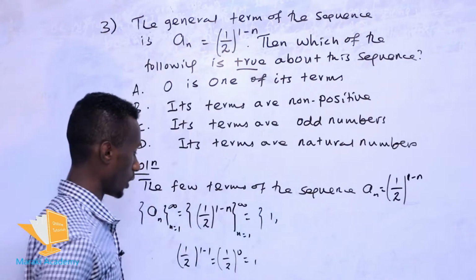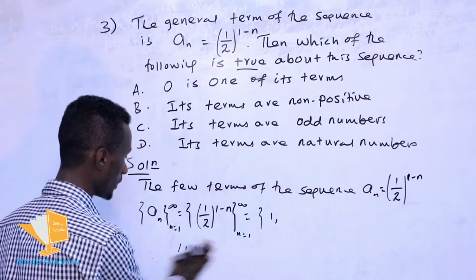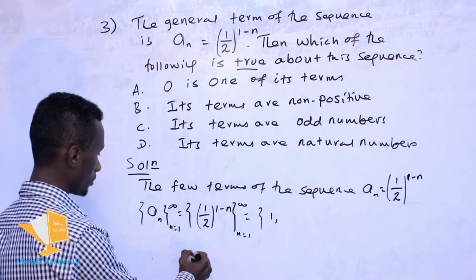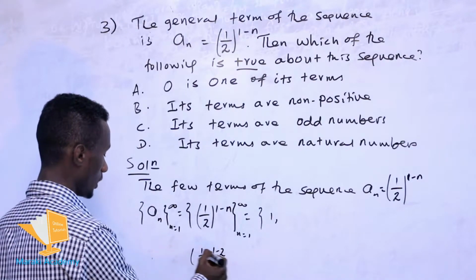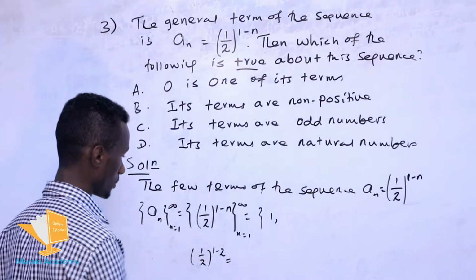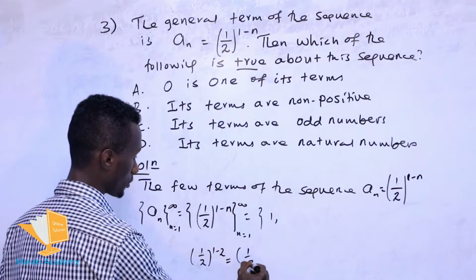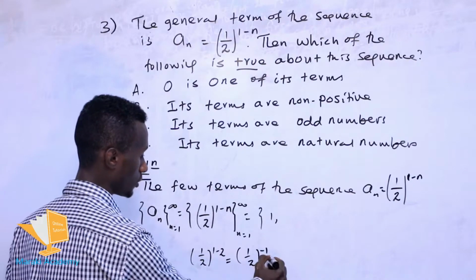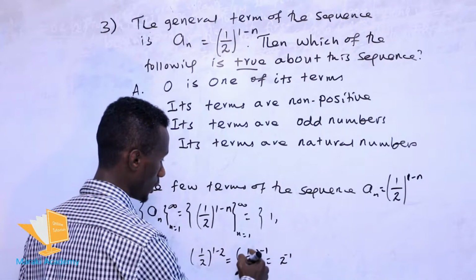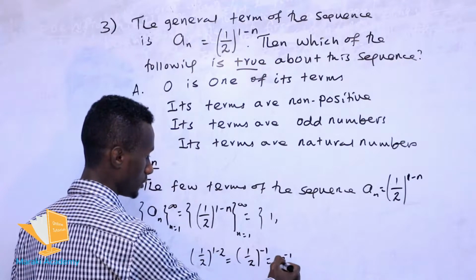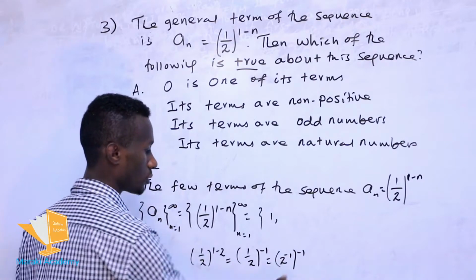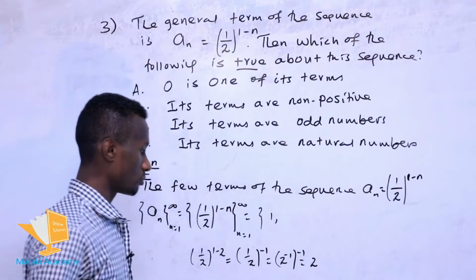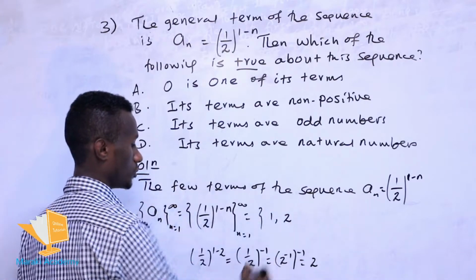So the first term is 1. Similarly, if n is 2, (1/2)^(1 minus 2) is (1/2)^(-1), which is equal to (2^(-1))^(-1). Using the exponential rule, this becomes 2. So the second term is 2.